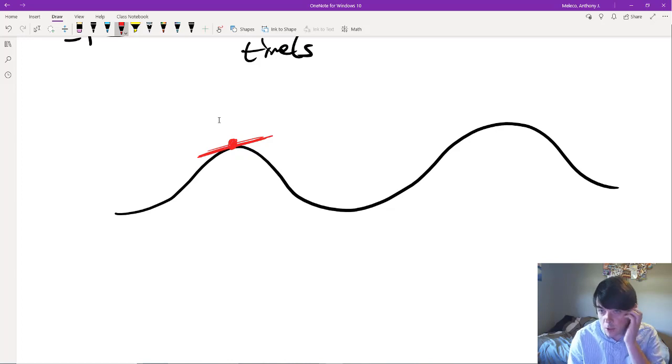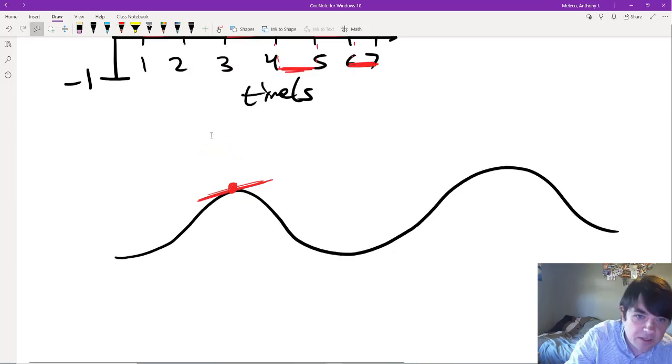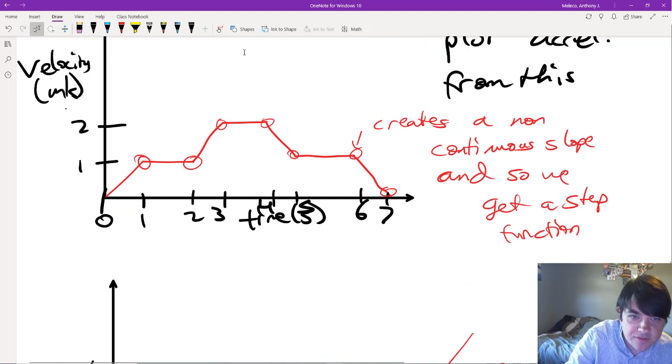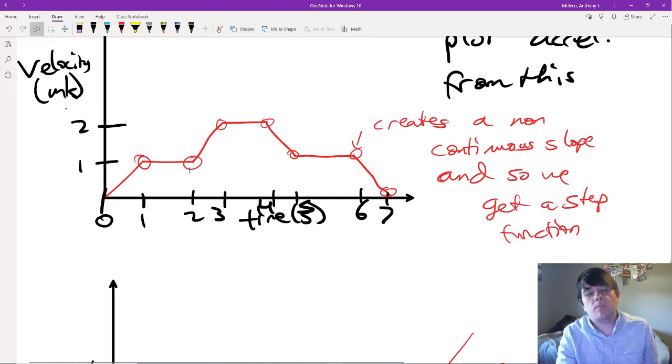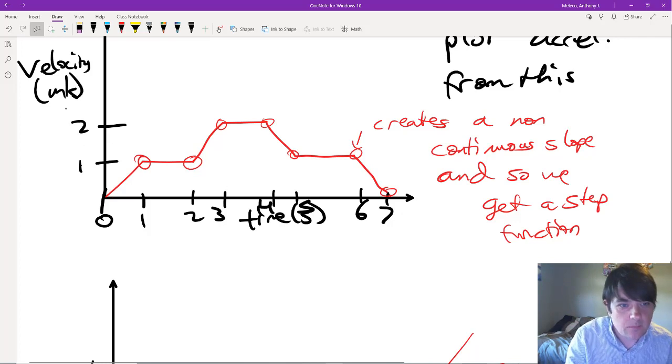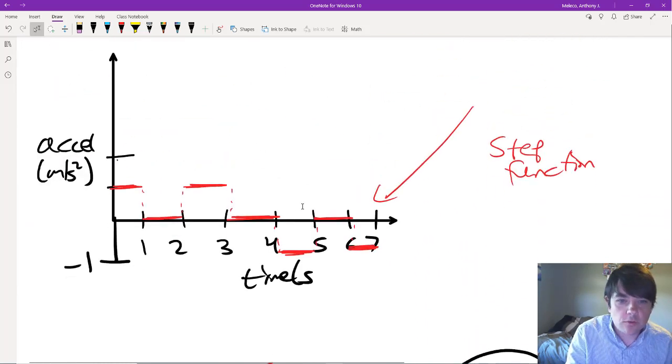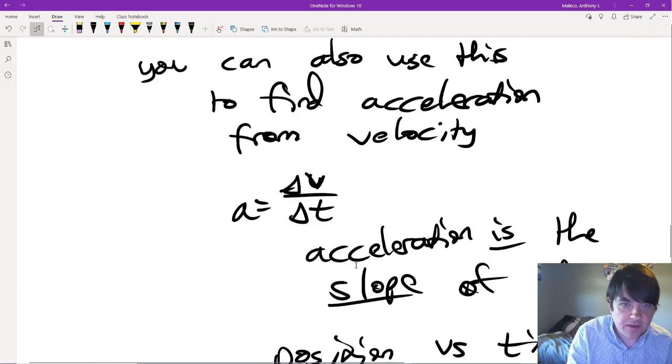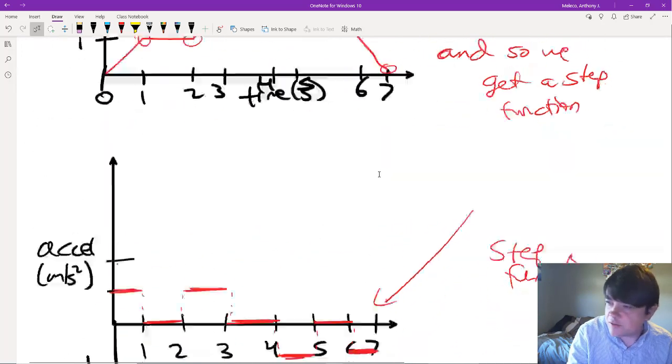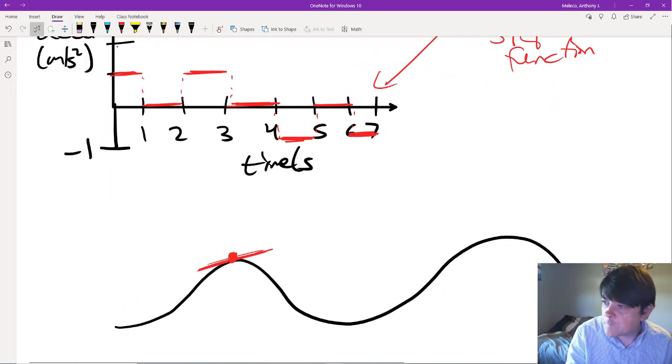And so that's why we use stuff like calculus. But in physics 1 we just have long periods of time, not instants in time. And so we'll see step functions and stuff like that. But that's how you do these types of problems.